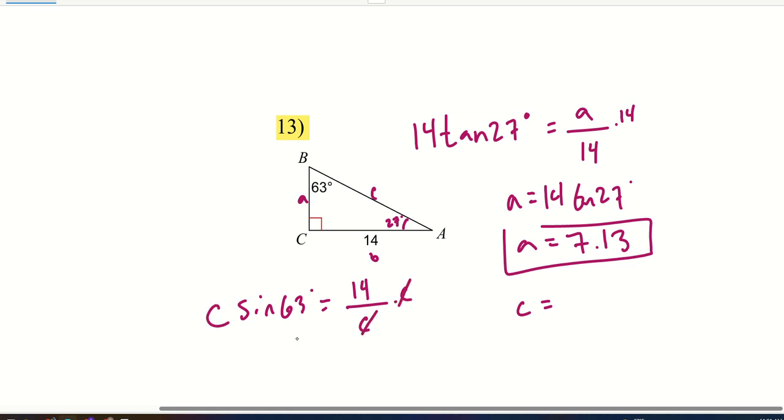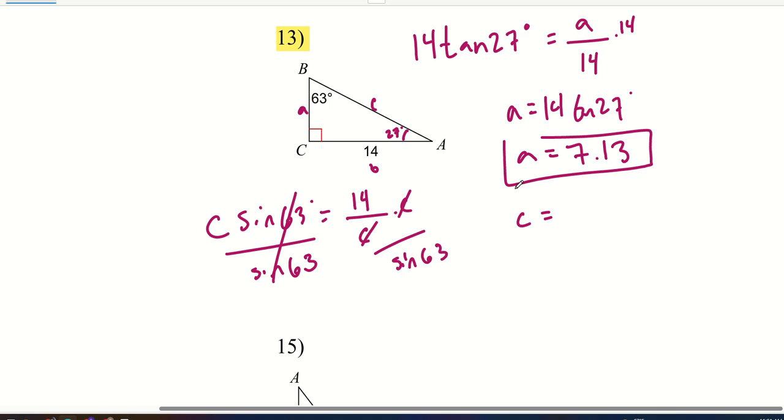That cancels out, and I'm going to end up dividing both sides by sine of 63. So c is equal to 14 divided by sine of 63, and I get 15.71. C is equal to 15.71.